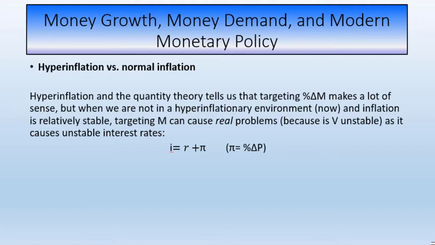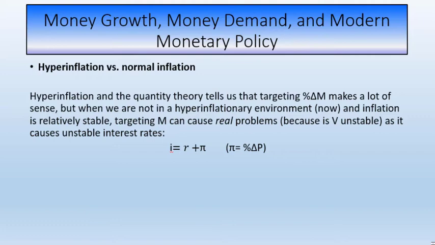The point of covering hyperinflation is that when we have it, we know exactly where it comes from. It comes from really high money supply growth. Basically, it's the printing presses operating. So we have a direct connection between money supply growth and inflation. That's when we have hyperinflation.